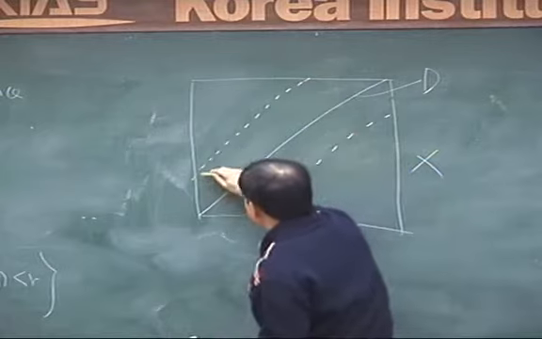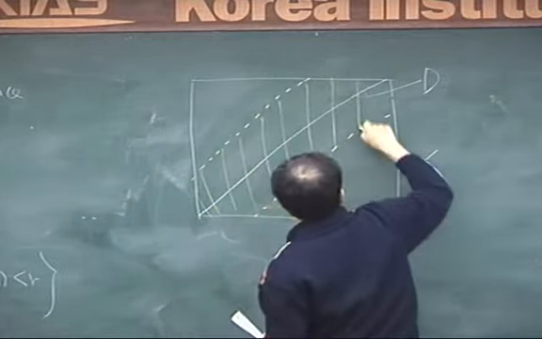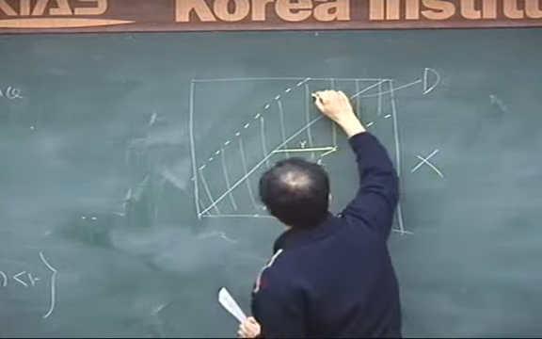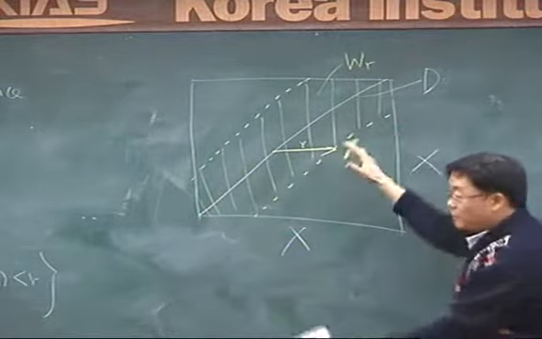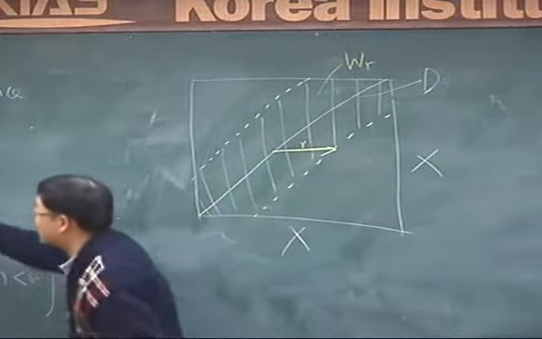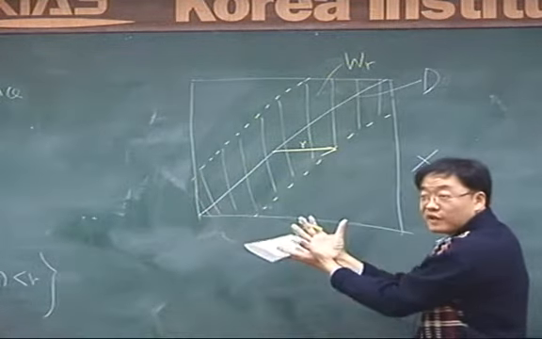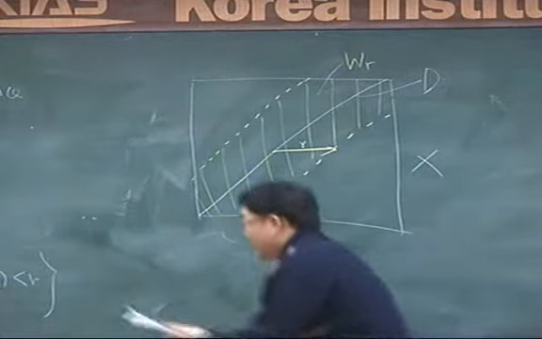From here to here, this is R. So this is W_R. And because R is smaller than the injectivity radius, this is a very nice neighborhood of the diagonal. There's no self-intersection.